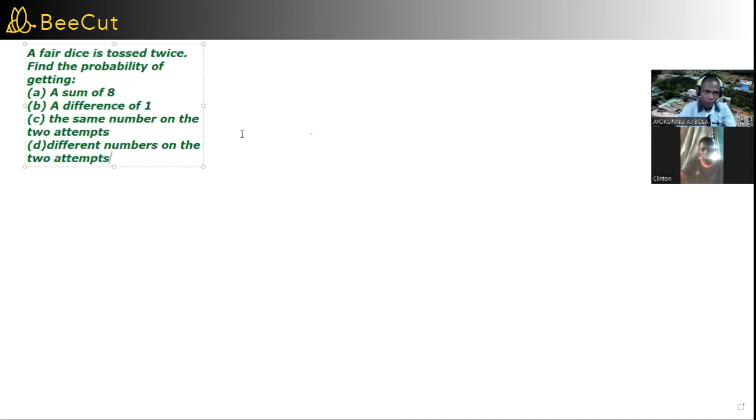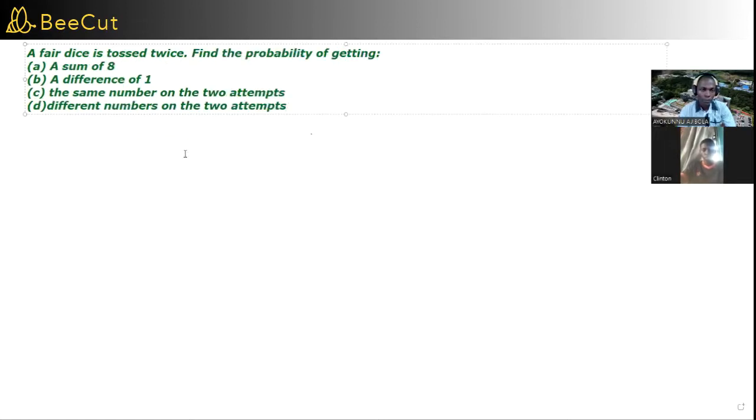So now, like I mentioned, you will need to use what is called sample space.